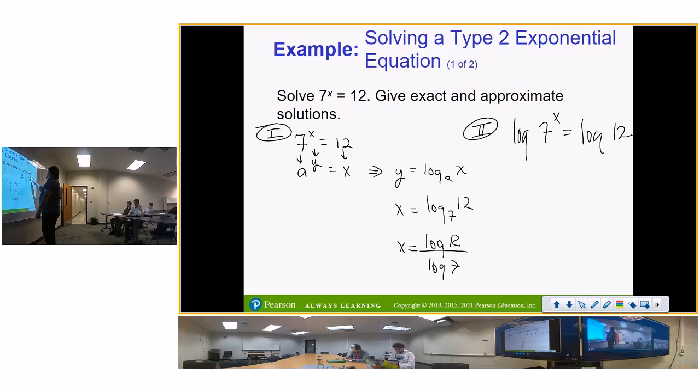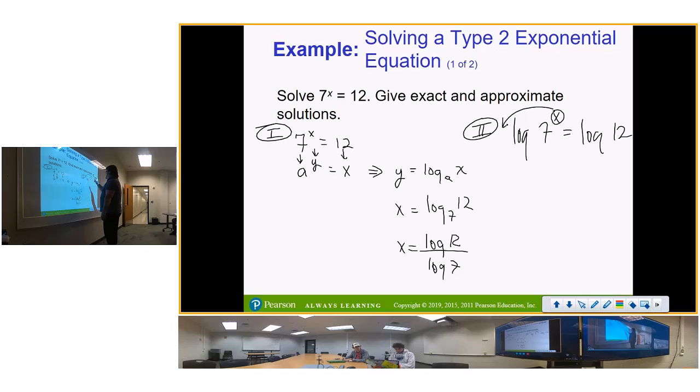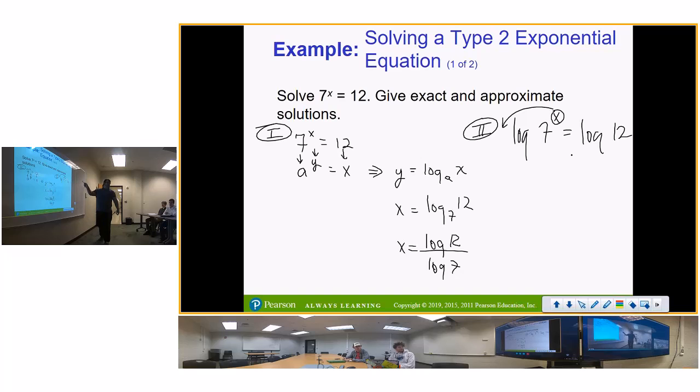Are you going to see this in the future? Yes. This problem right here is kind of like crawling. You're going to see this just as much as you're going to see the shortcuts, just as much as you're going to see completing the square. Those things that some of y'all keep avoiding, they're going to be with you until differential equations.